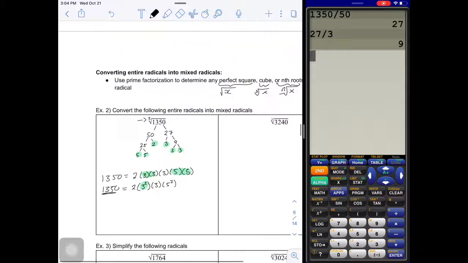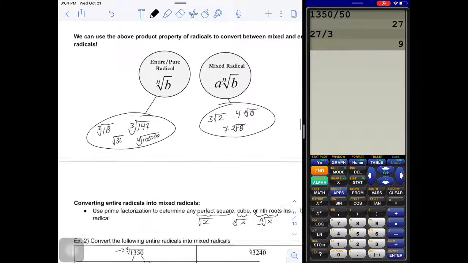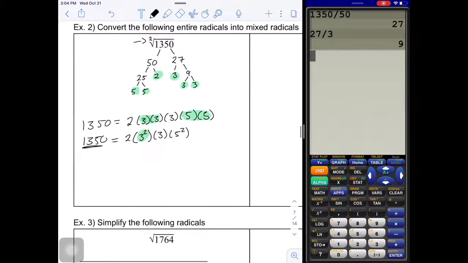So I can use our rule up here. I can split these up into its prime factors. So the square root of 1,350 equals the square root of 2 times 3 squared times 3 times 5 squared.